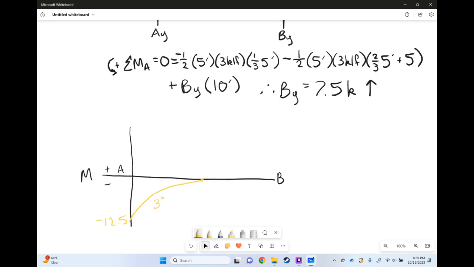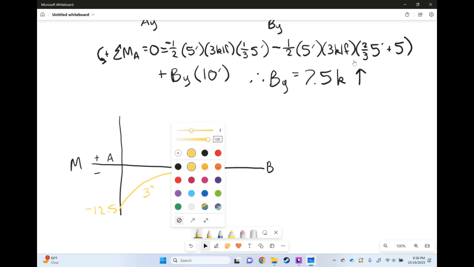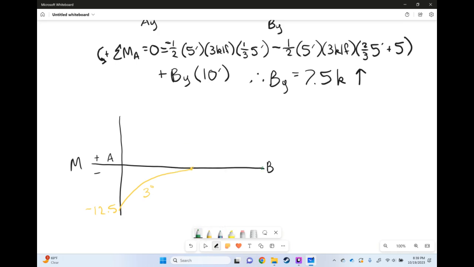We also have our point load, BY. That's nice and dandy. So BY is going to be in our green color. He's going to start from 0 over here, and his direction is positive, as you can see here. So he's going to be going up.